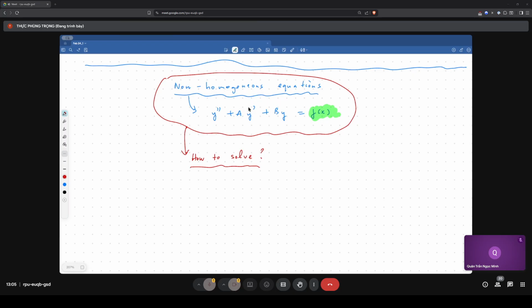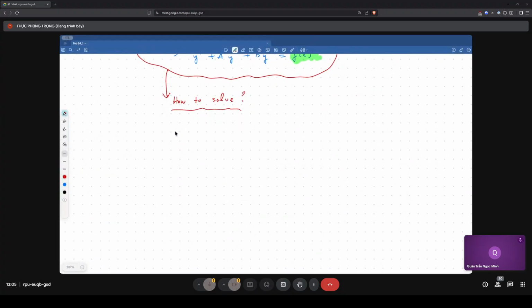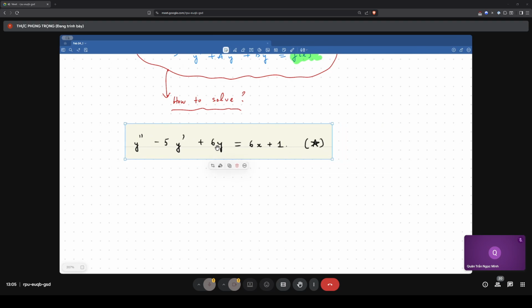But having a particular solution is good enough to find all solutions. So that's what we have for star. First, let me copy this one and put it right here. Now, the first step I do is try to find a particular solution.